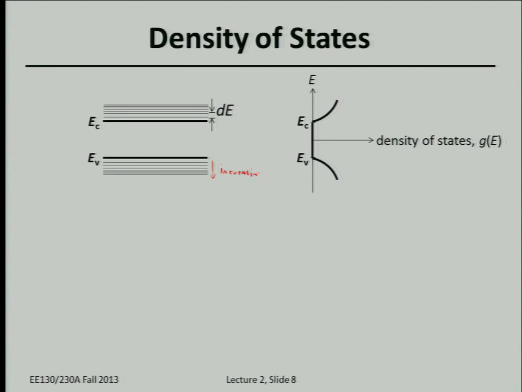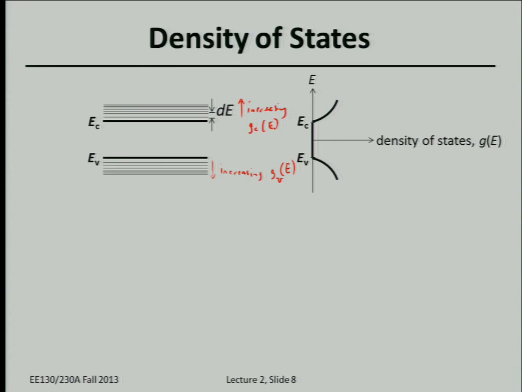We refer to this density of allowed energy levels as g as a function of energy. So this is g sub V for the density of allowed energy states per unit energy within the valence band, and in the conduction band, you call it g sub C.